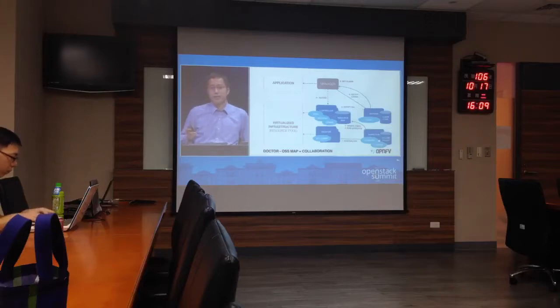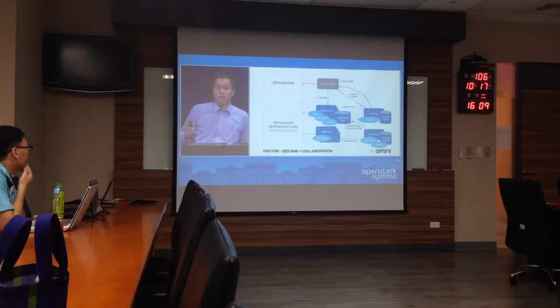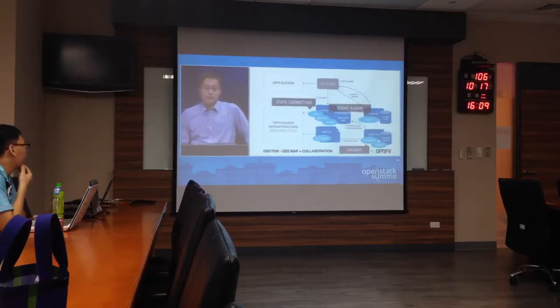And AODH sends a notification to the application manager so that it can perform switchover to backup VMs quickly. But we still had a few features missing in OpenStack. And we received tremendous support from the OpenStack community for the development of these missing features. These missing features are now included in the OpenStack Newton release.